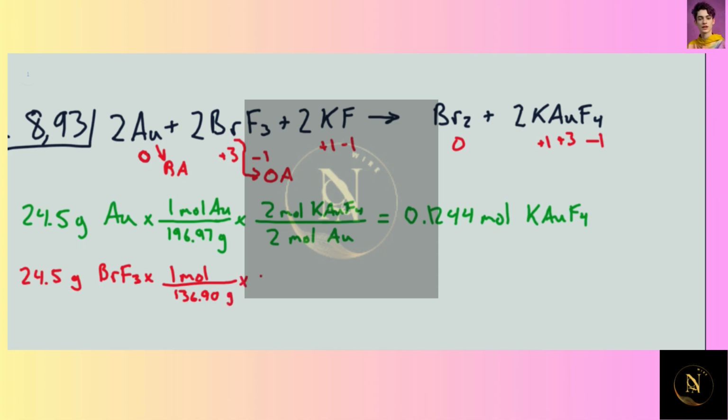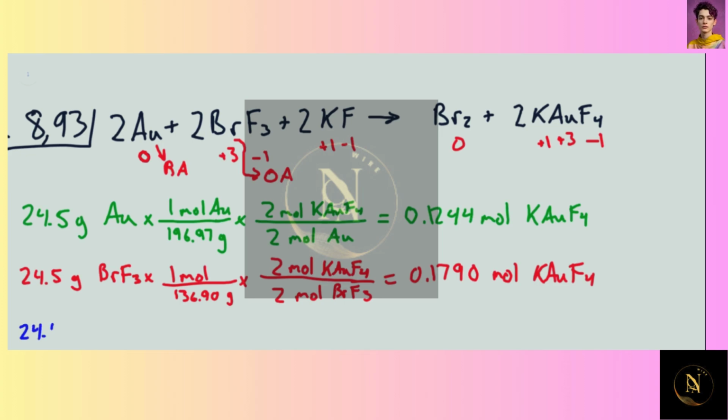And then we multiply by this molar ratio, which is again 2 to 2. So when we do this, we get 0.1790 moles of KAuF4 if BrF3 was the limiting reagent.